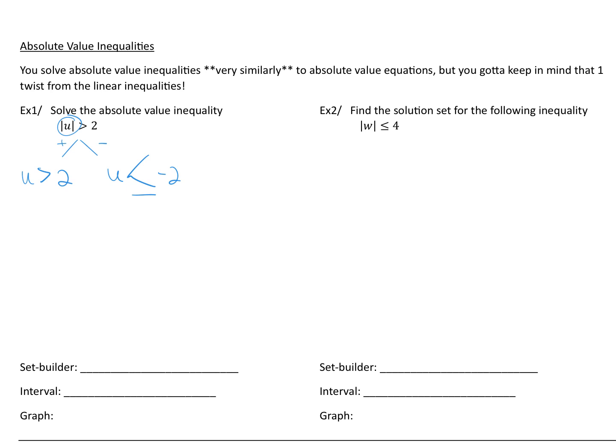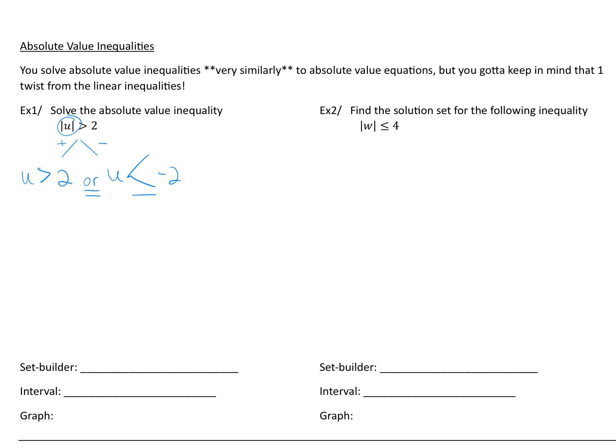And lastly, since this was a greater than, the absolute value was greater than a number, this will introduce the or between these two inequalities. So to solve this, we have to solve an or compound inequality.